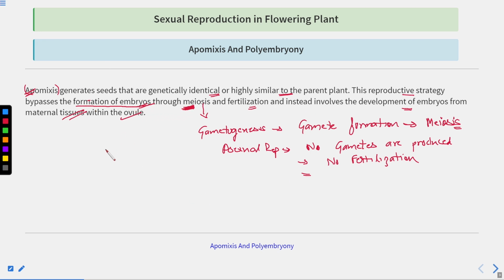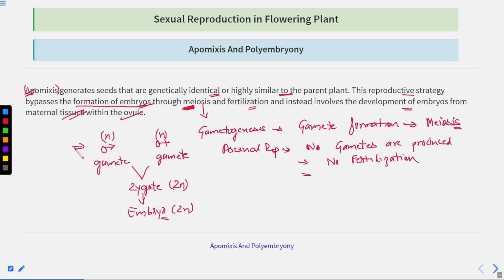So usually how is the embryo formed? There is one male gamete, and then you have the female gamete. Both these gametes fuse with each other to form the zygote, which is a diploid structure. Both these gametes are haploid, and then the embryo is formed, which will also be diploid.